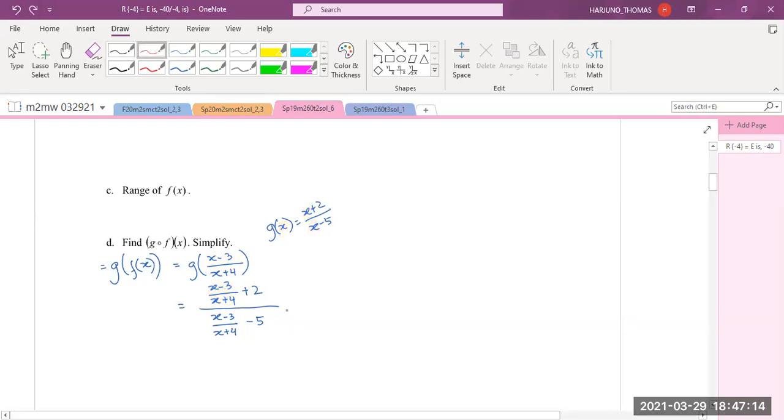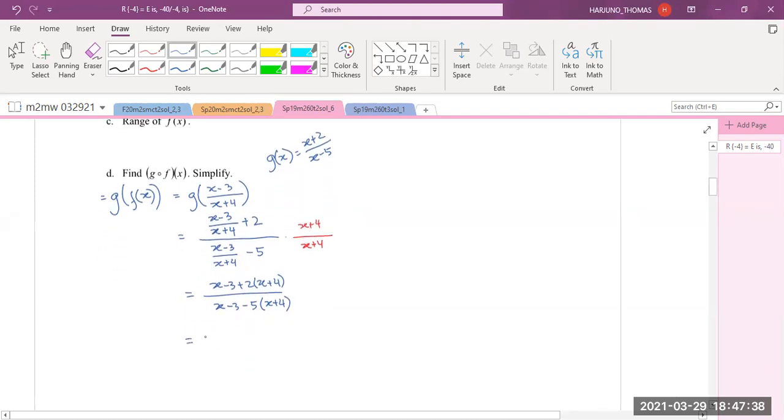Now then let me multiply by the LCD to clean up and simplify. So x plus 4 on the top, x plus 4 at the bottom, such that we get x minus 3 plus 2 times x plus 4, over x minus 3 minus 5 times x plus 4.